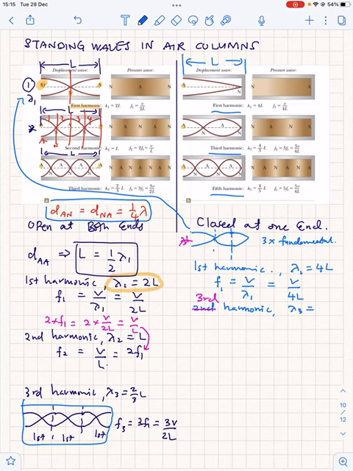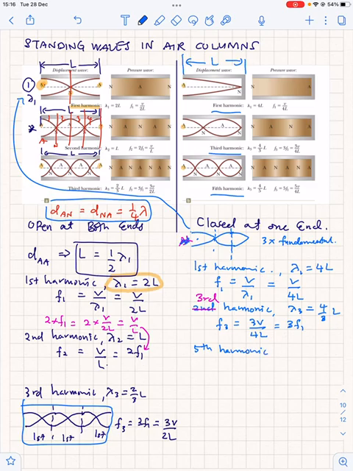Lambda 3 equals 4 over 3 L. And the third harmonic F3 equals 3V over 4L, which equals 3 times F1. So 3 times F1, we got this fish-like shape.